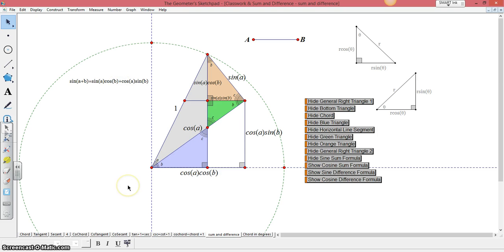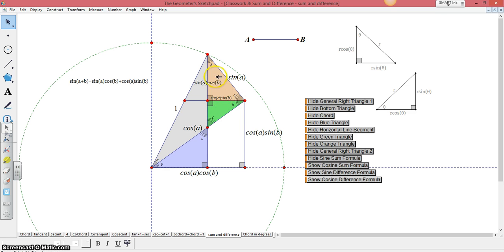Now let us look for the cosine of alpha plus beta. We know that this long side is cosine of alpha times cosine of beta. But we need to look at this short length right here, not this entire length. So we need to find what this length is, which is equal to this length here.